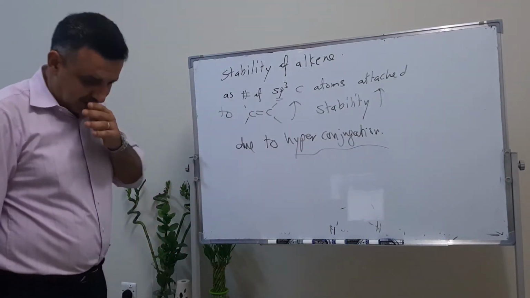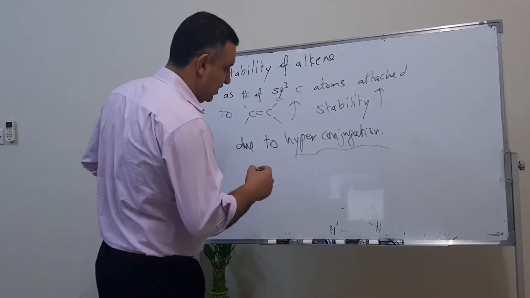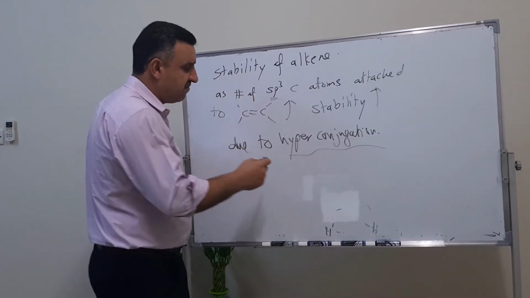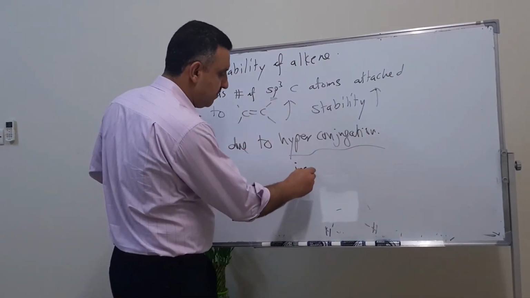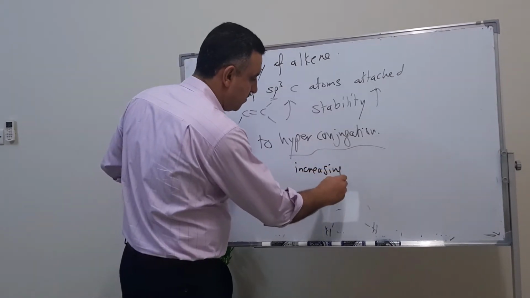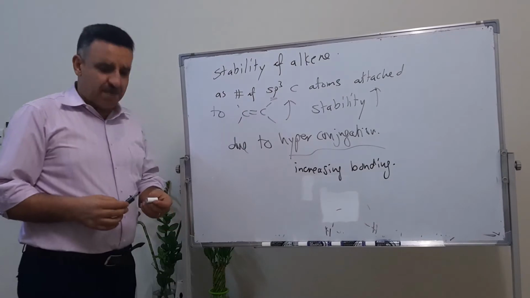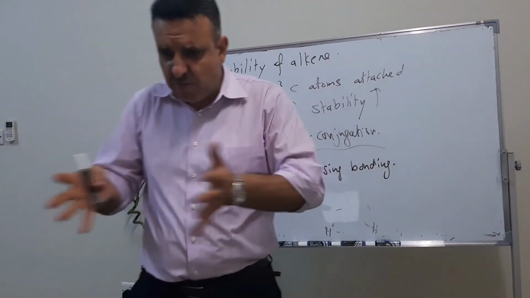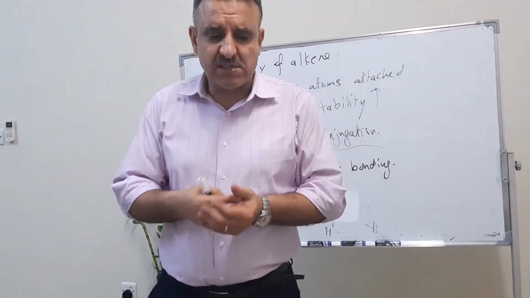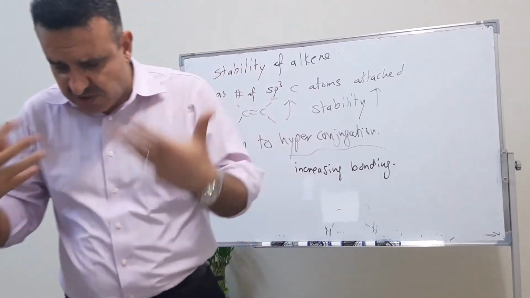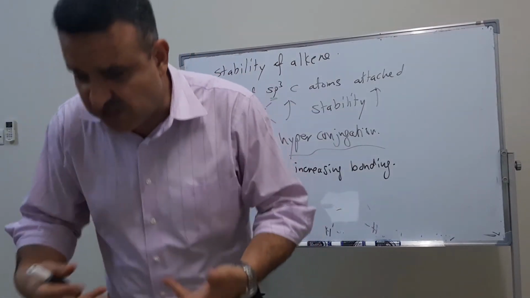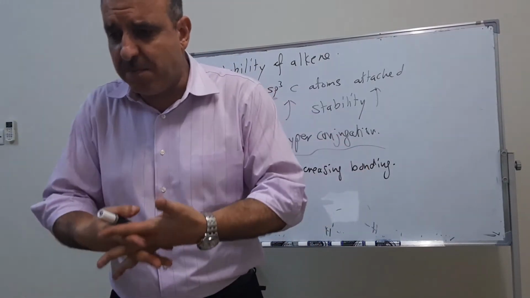What's hyperconjugation? Hyperconjugation is some sort of increasing bonding in the system. What did we say about everything in life? Why does any process happen? What's the motivation? What's the attraction? It's simply making bonds.